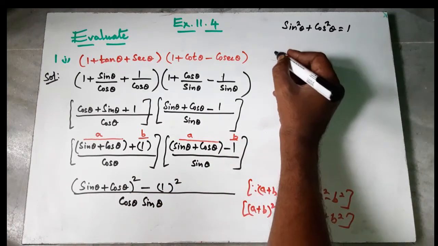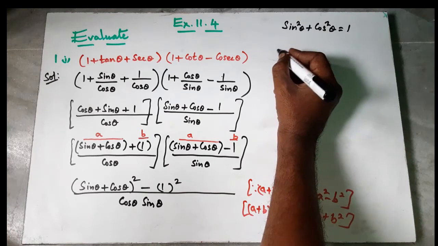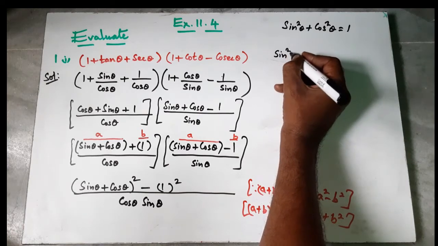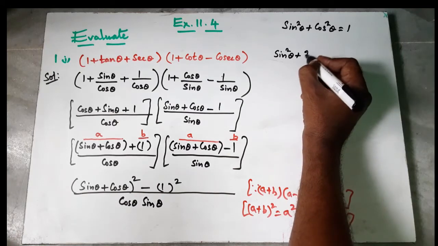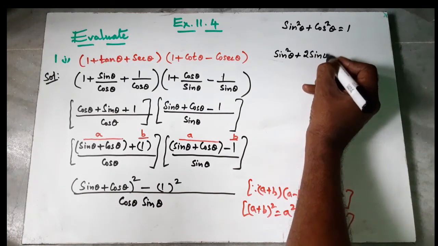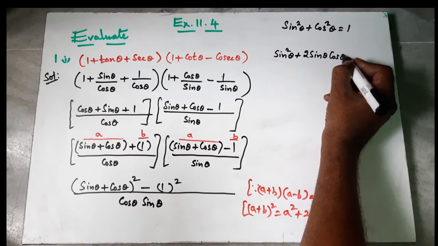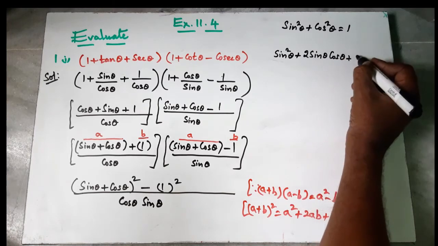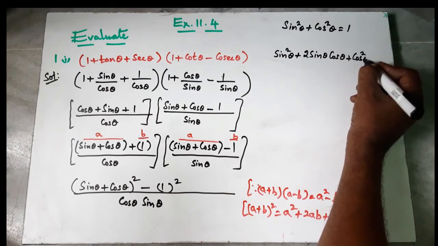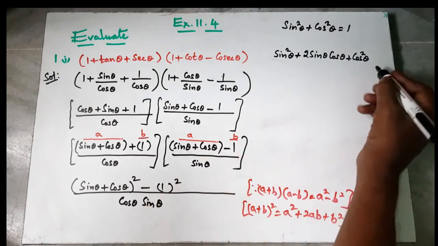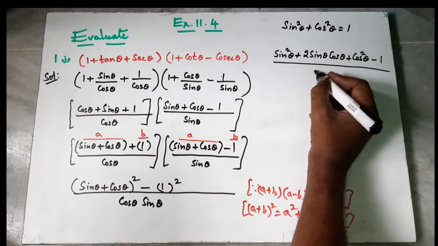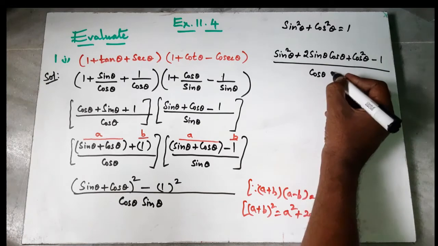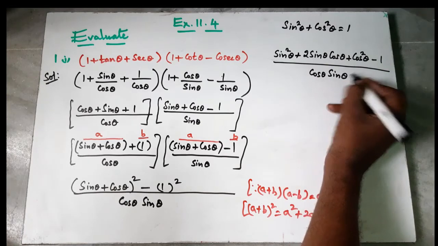So how you are going to write here? A square means sin square theta plus 2AB, 2 sin theta cos theta, plus B square means cos square theta. So what is remaining? 1 square is minus 1 by cos theta sin theta.